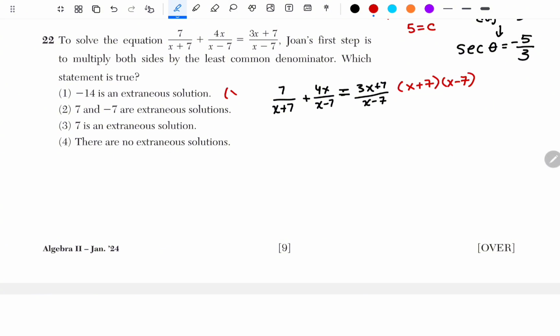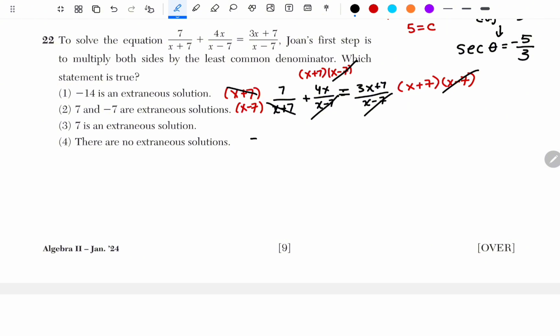So this part is going to get x plus 7, x minus 7. This part is going to get x plus 7, x minus 7. And I already wrote it for this part. To cancel out the denominators, we're going to do the common. So x plus 7, bye-bye. This one says x minus 7, so x minus 7, x minus 7. This one says x minus 7. Take off the x minus 7, take off the x minus 7.